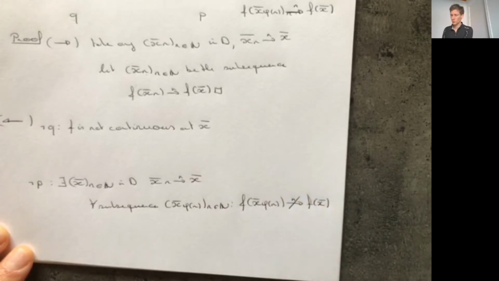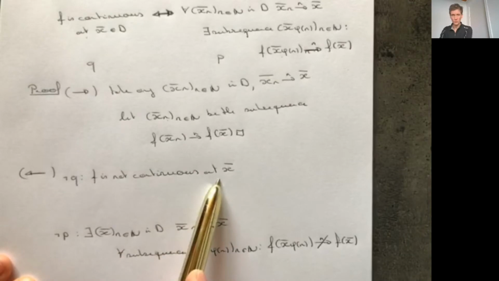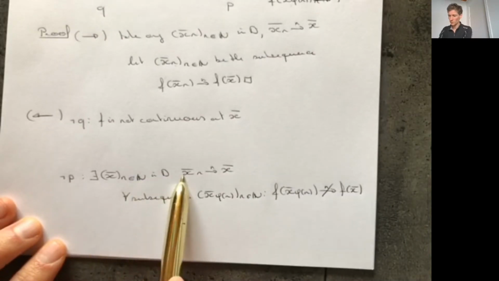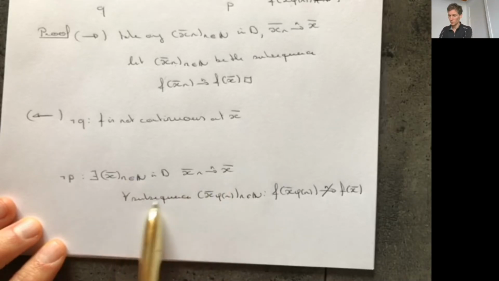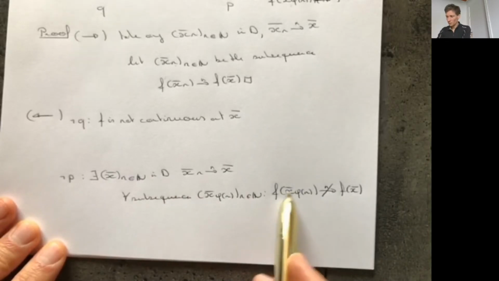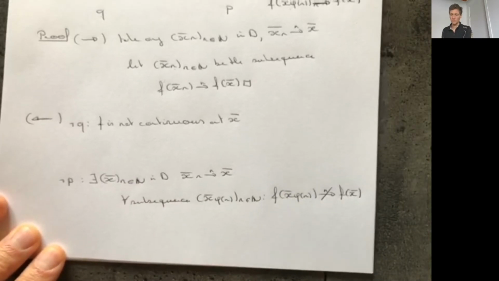So this is what we need to show. We start from the fact that f is not continuous at x, and we need to find a sequence in D such that xn converges to x, and for all subsequences, f of x phi n does not converge to f of x.